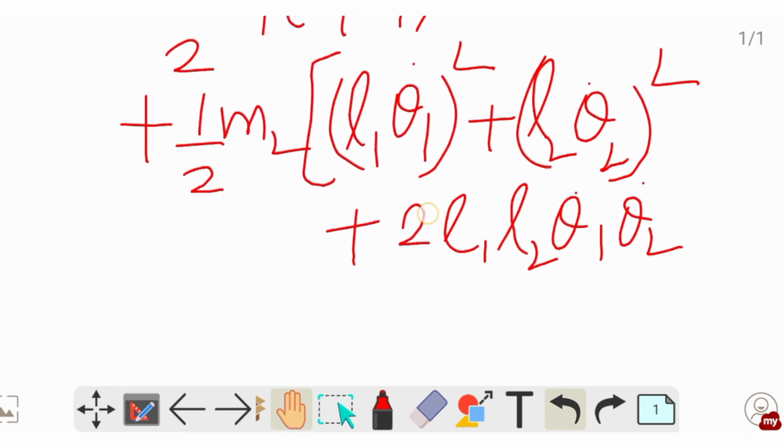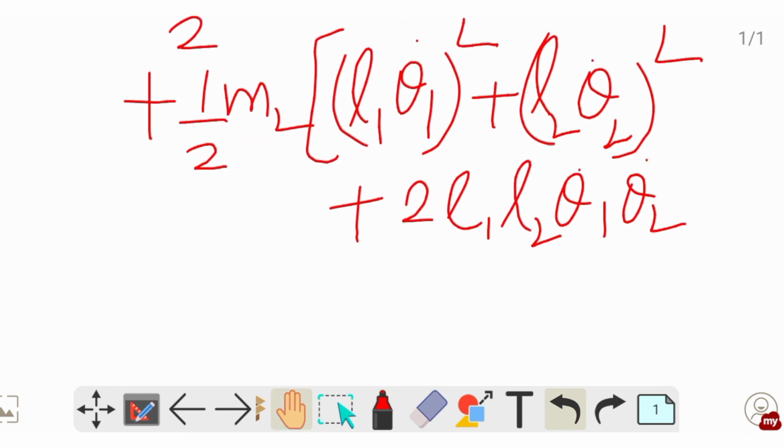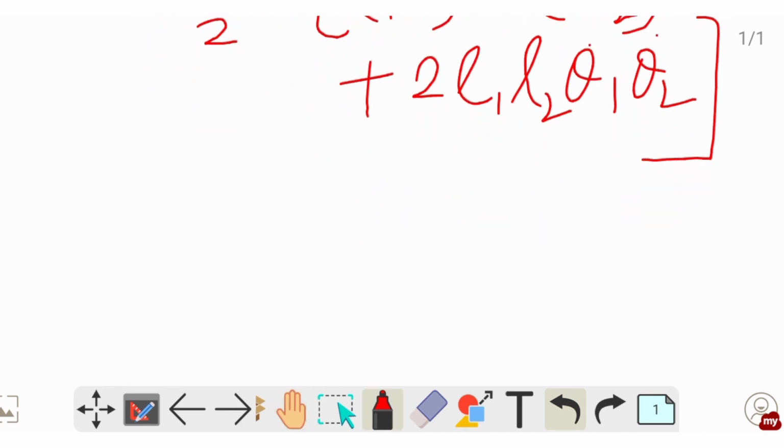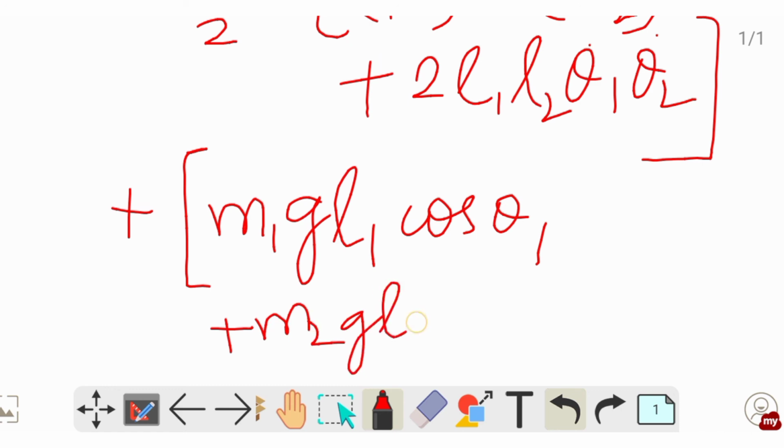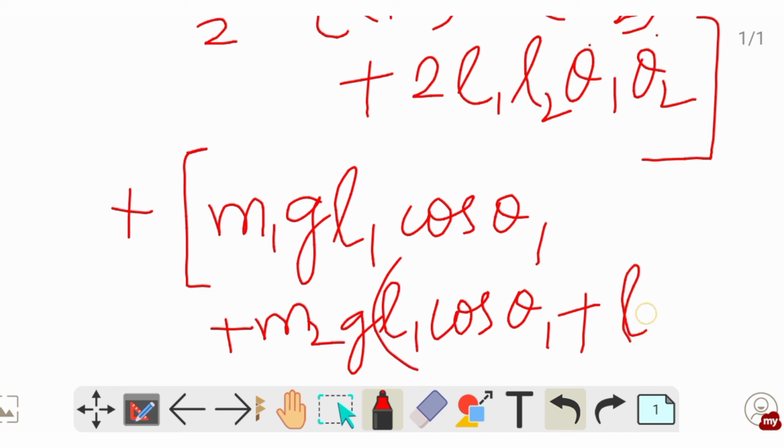We are taking cos of theta 2 minus theta 1 approximately equal to 1, so that is the kinetic energy, assuming small limits. And minus the potential energy, which is already negative, so it becomes positive: m1 g l1 cos of theta 1 plus m2 g times l1 cos of theta 1 plus l2 cos of theta 2. So that is the overall Lagrangian for this case.